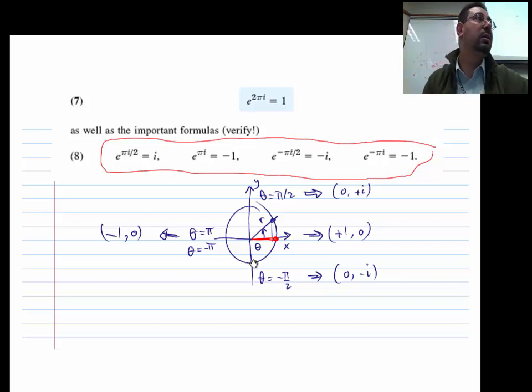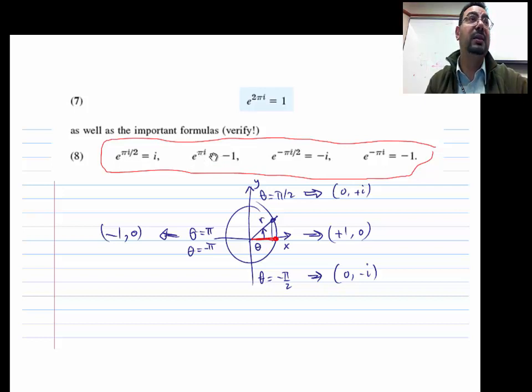Okay, questions? e to the minus pi i, that's basically this guy over here. It's like this. Again, it's minus 1. So e to the pi i and e to the minus pi i, both of them are minus 1? Yes, because this number is also pi i plus or minus 2 pi i. It's the same thing. Right? It's the same number.